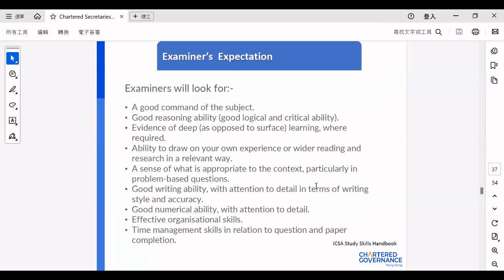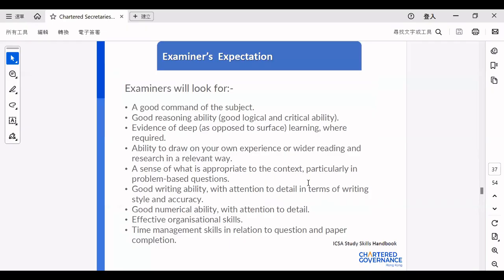So this is a summary of what the examiner wants. So it's not just for this subject. This is applicable to all the subjects. There's a good combine of the subject matter.